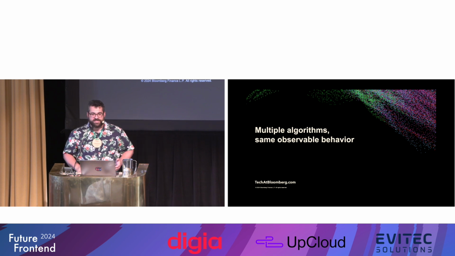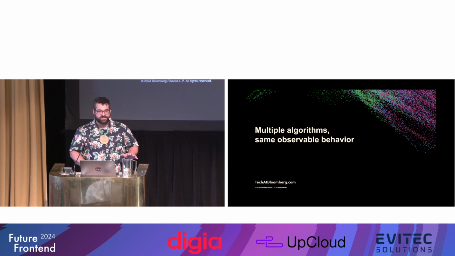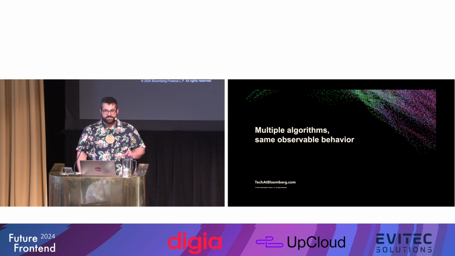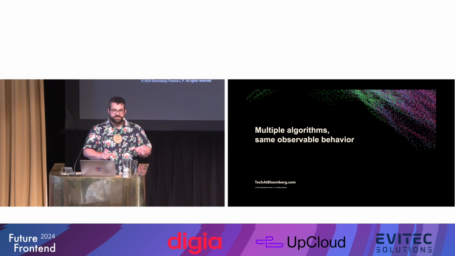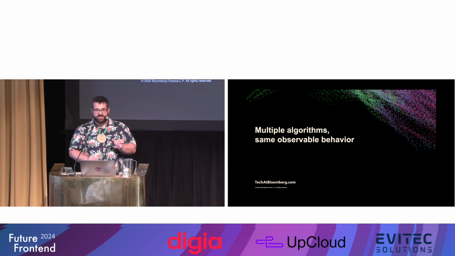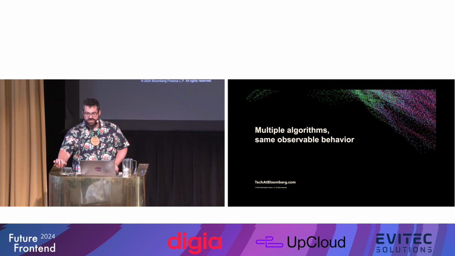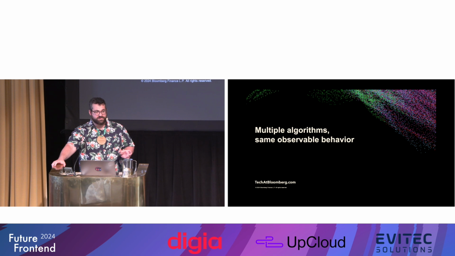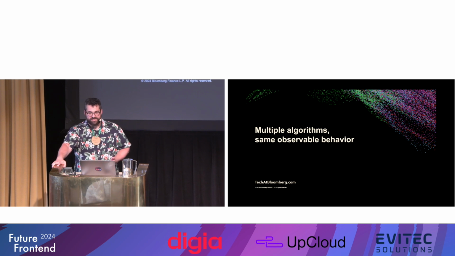The important thing is there are multiple algorithms, but they have the same observable behavior. When I say observable, I mean in those computed signals, there are JavaScript callbacks, and those JavaScript callbacks get run in the same order and the same number of times at the same time, regardless of which algorithm is used.